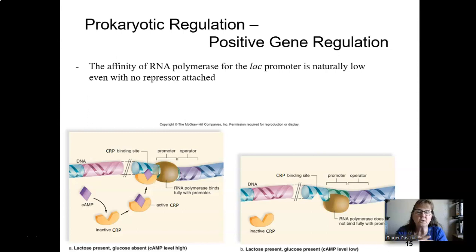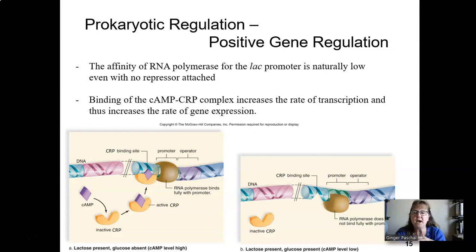It's in no rush to bind. So it's naturally got a low affinity, even when there is no repressor attached. Binding of the cyclic AMP-CRP complex, and the bending of the DNA, will increase the rate of transcription. It does that by basically inviting the RNA polymerase to bind and then do transcription. So this actually increases the rate of gene expression.